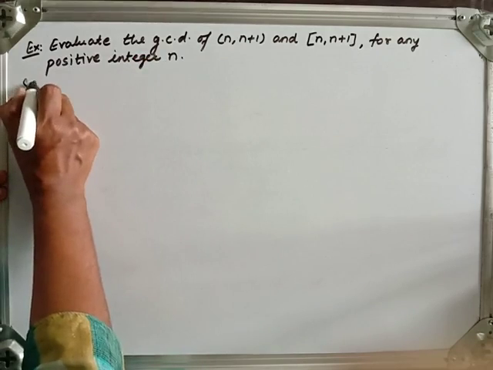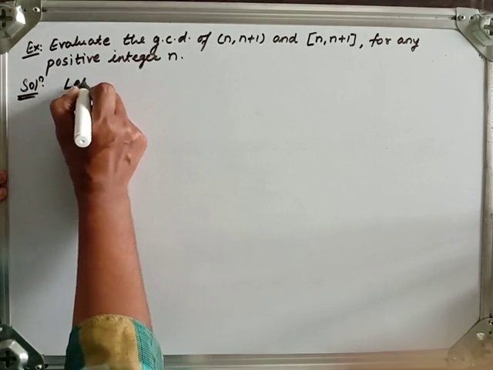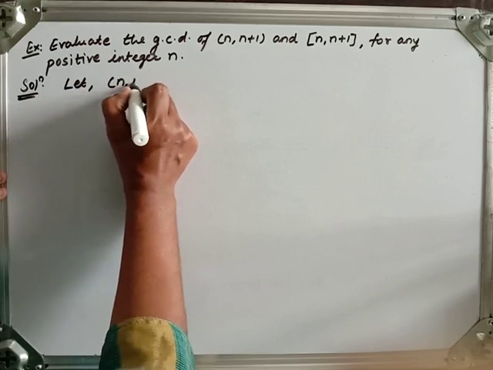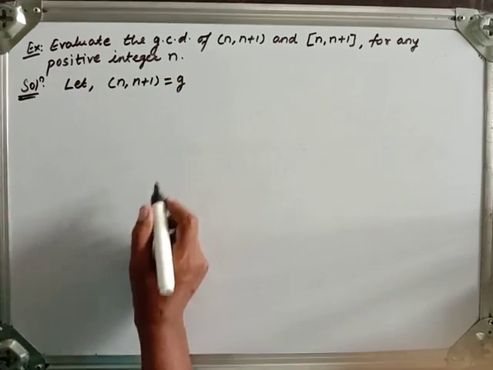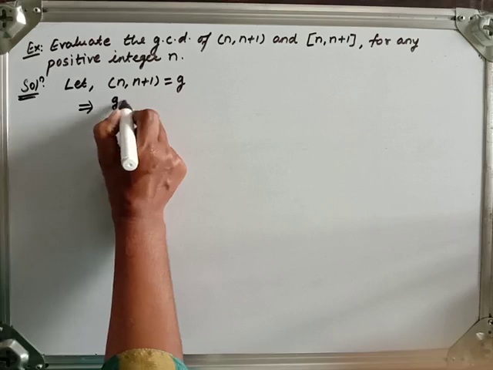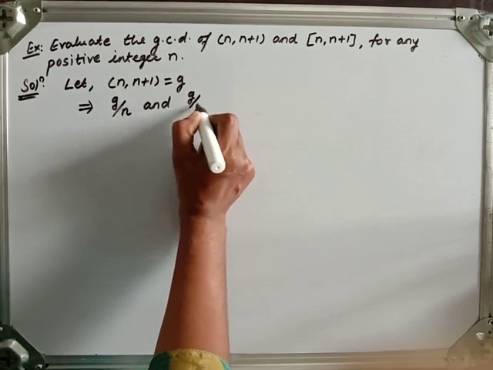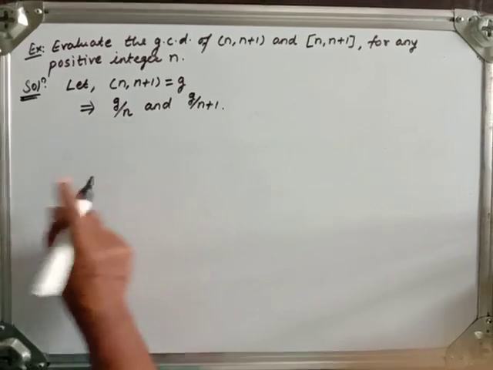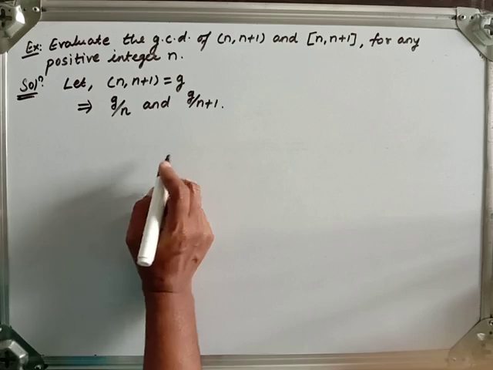So solution for this, now let the GCD of n and n plus 1 is suppose G. So by the definition of GCD, this G divides n and G also divides n plus 1.